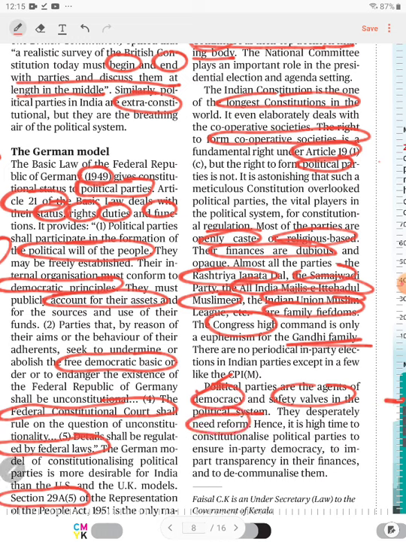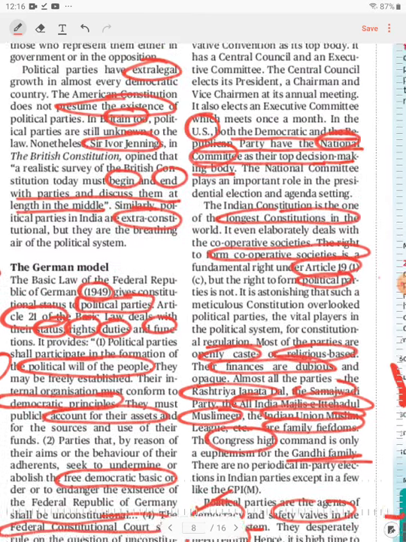We need to constitutionalize the political parties so that in-party democracy and also transparency in their financial matters, and also decommunalizing them, are ensured, which is very essential. So we must focus on constitutionalizing the political parties.